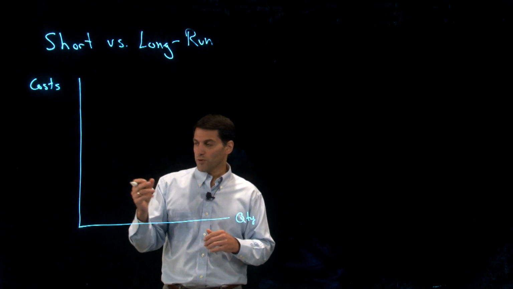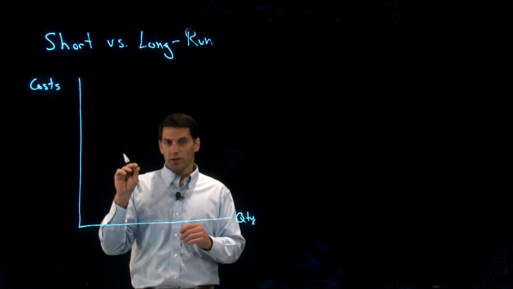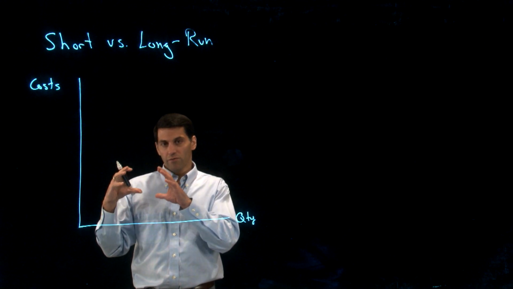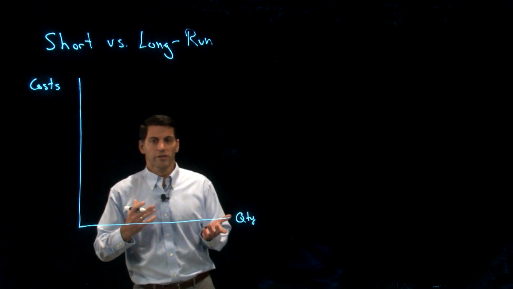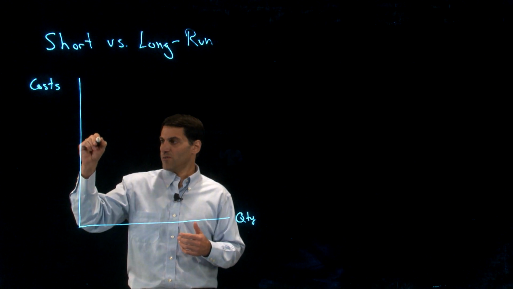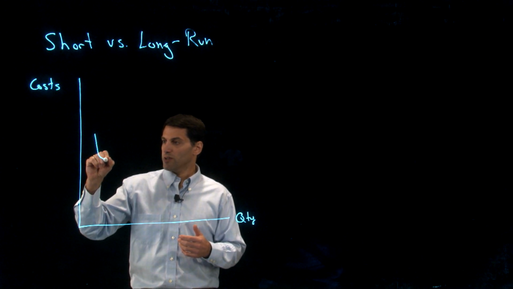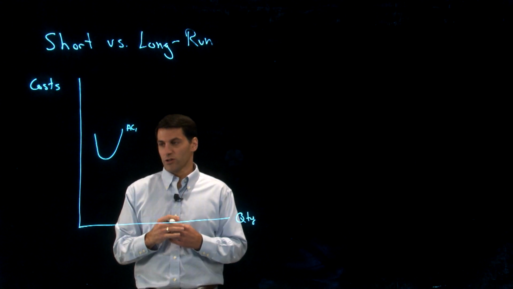And as we've already shown, you've got an average cost in the short run for every level of the fixed factor. So if we're sticking with our example of the pizza restaurant, you can imagine that we have an average cost associated with having one pizza oven. I'll call that average cost 1.